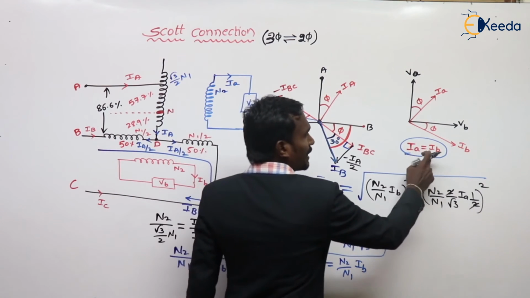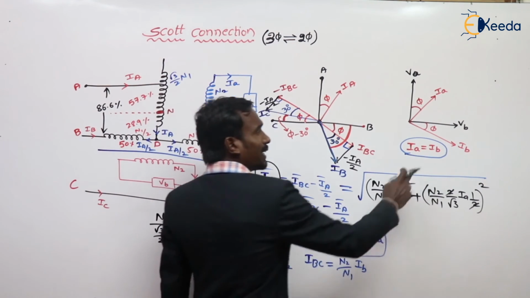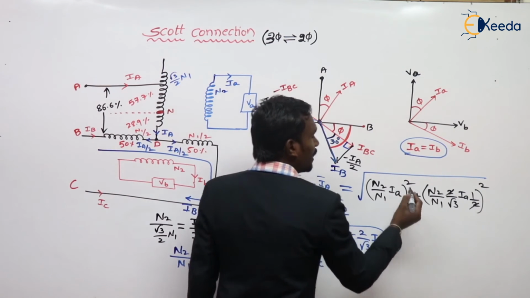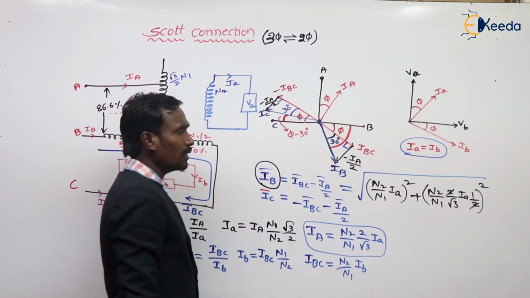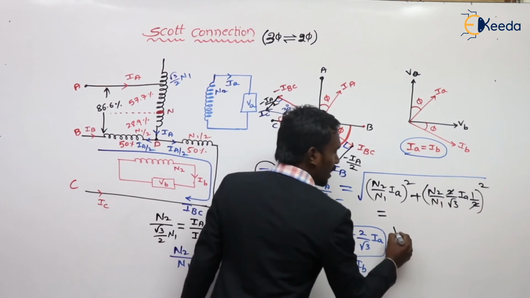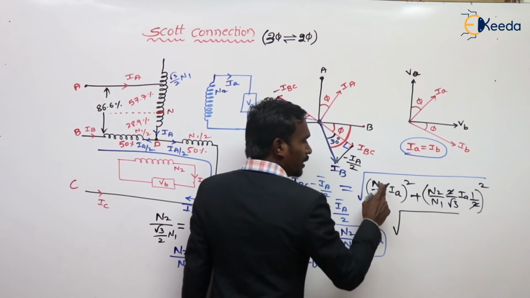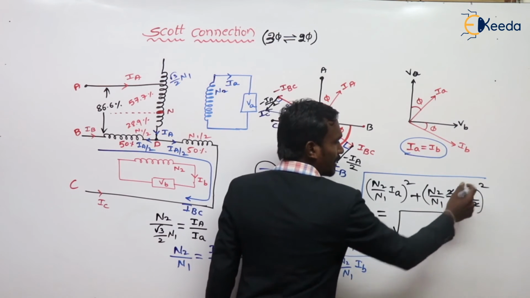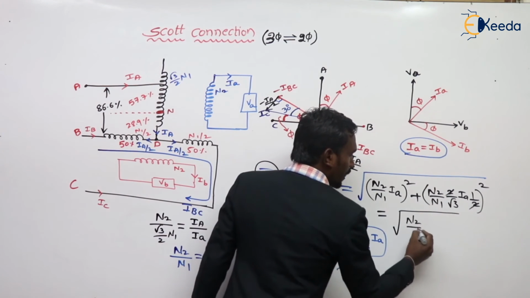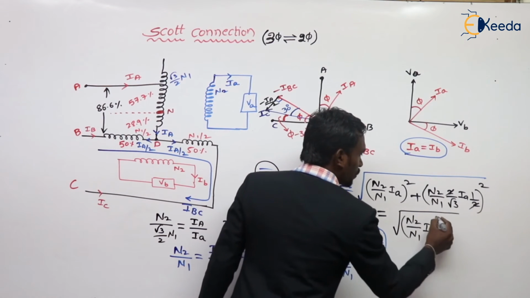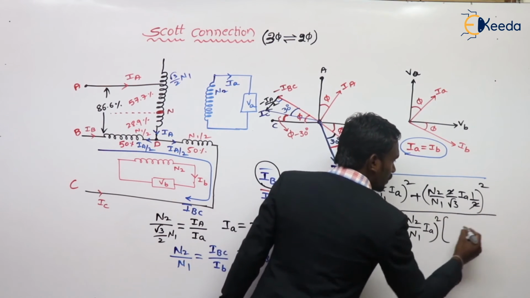And I said IA is equal to IB. So substitute in terms of IA and IB. Now tell me what is the answer. The answer is the square root of N2 by N1 whole square IA square common. N2 by N1 into IA whole square is common.